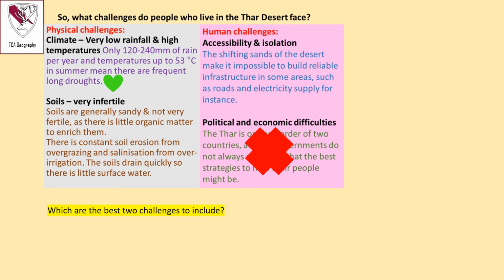So although farming can be done badly and cause salinisation and desertification, it is also an opportunity. So I'm going to definitely include soils, and I think the accessibility is a good one to include if you've got time. So we've definitely got climate and soils, and accessibility is a maybe.